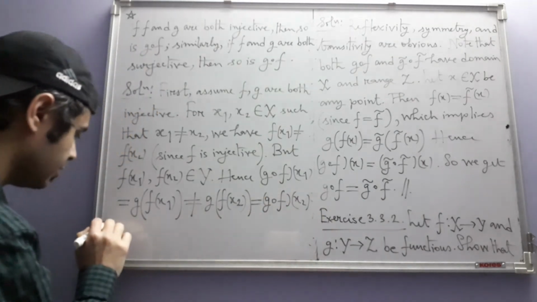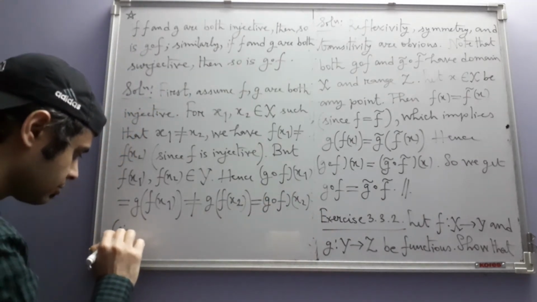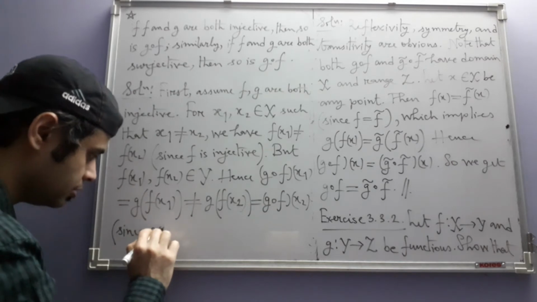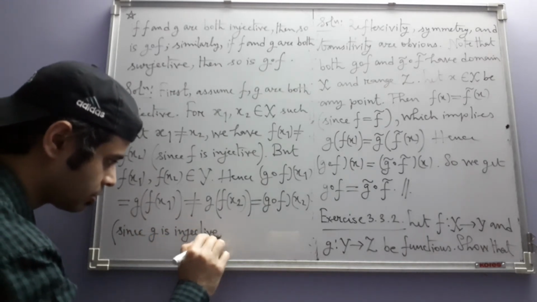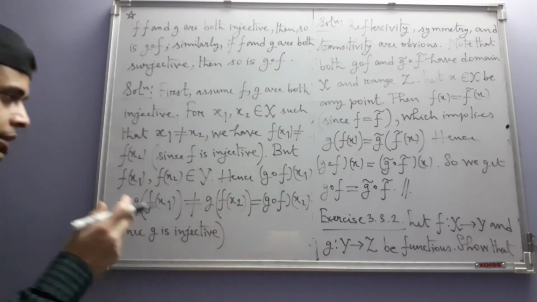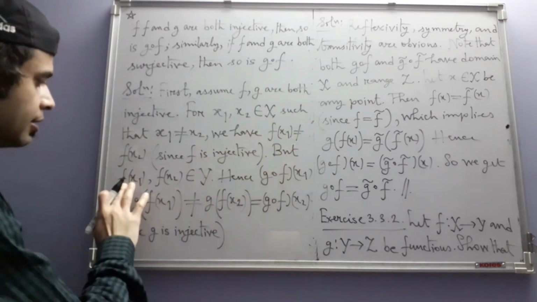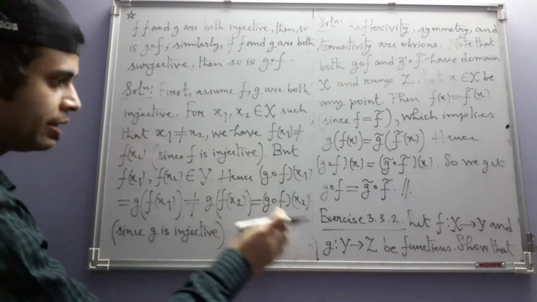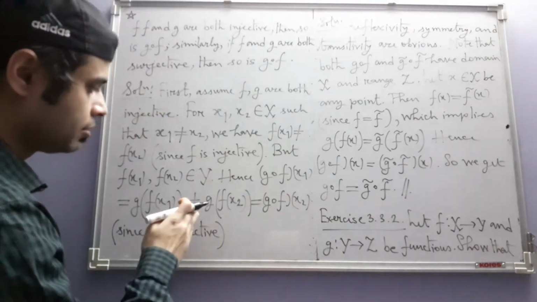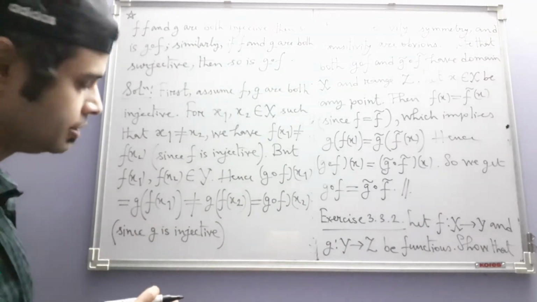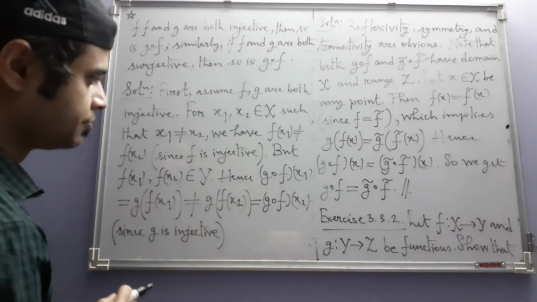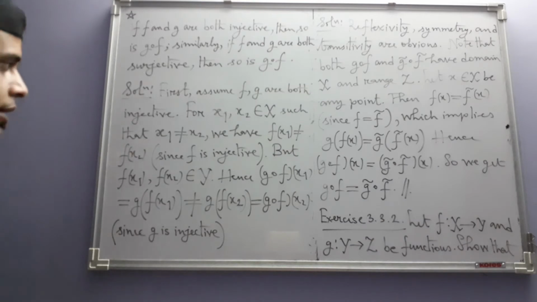We can write it here. Since g is injective, the distinct points f(x1) and f(x2) in the domain Y of g will have distinct outputs under the function g, and these are the outputs. So you see what we have achieved.